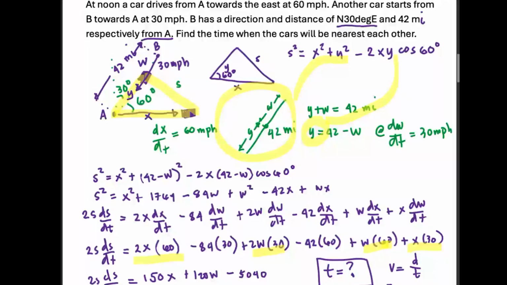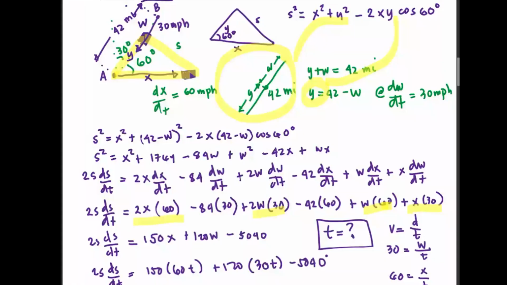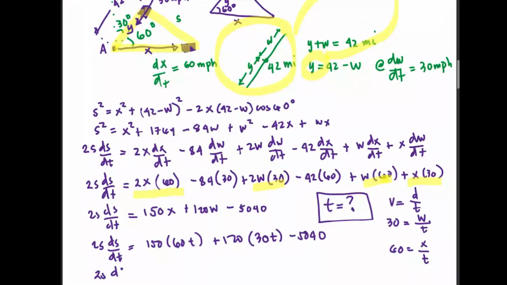So the velocity of car 2 is 30. The distance it had traveled is w, and then we have time. Therefore, we can replace w with 30t. Same goes with the car for the x. Okay, so let's do that here. We have 150, and the x now, from 60 equals x over time, so x is 60t plus 120, and this is 30t minus 5040. So let's simplify the equation.